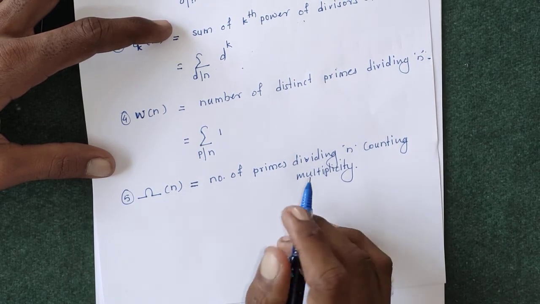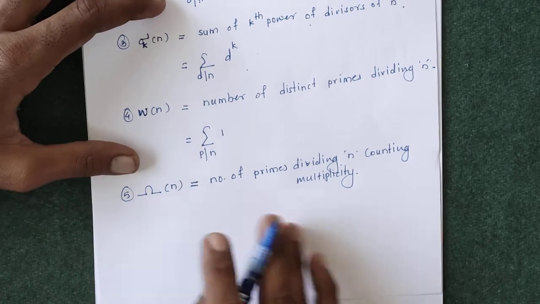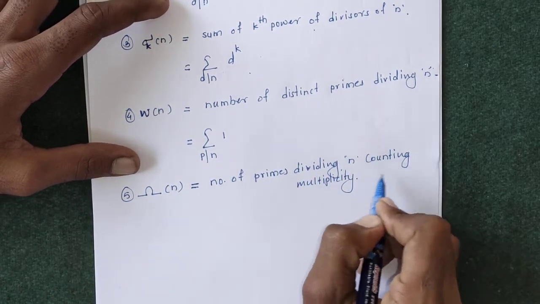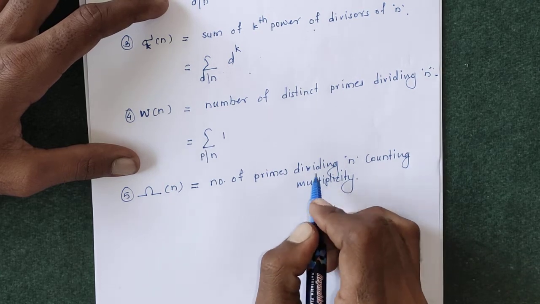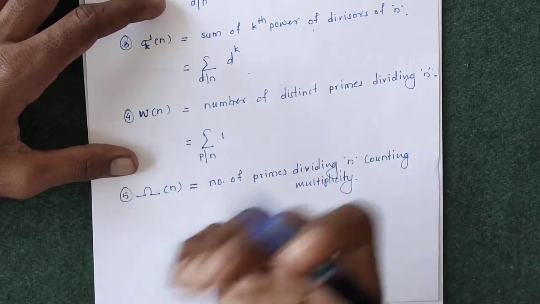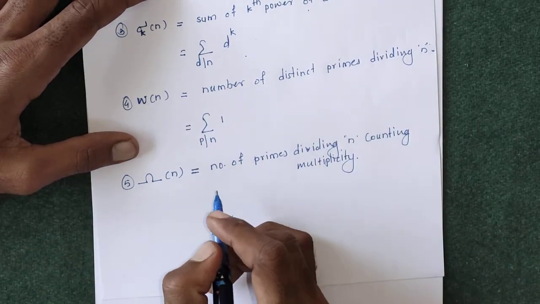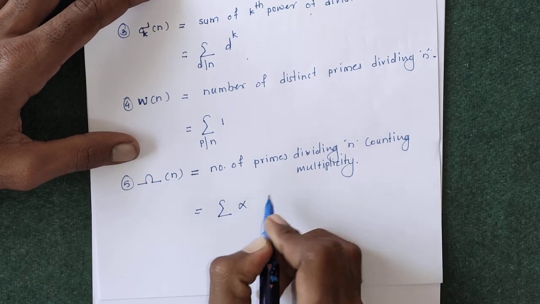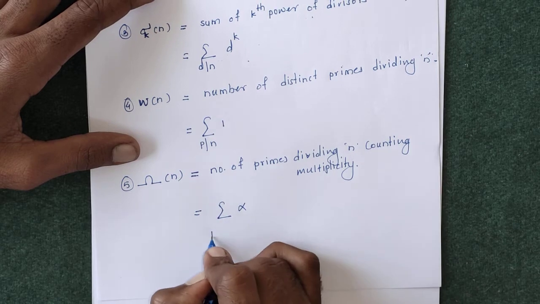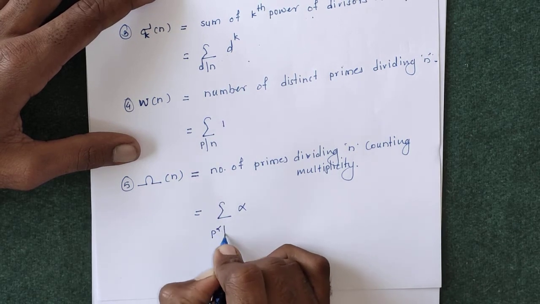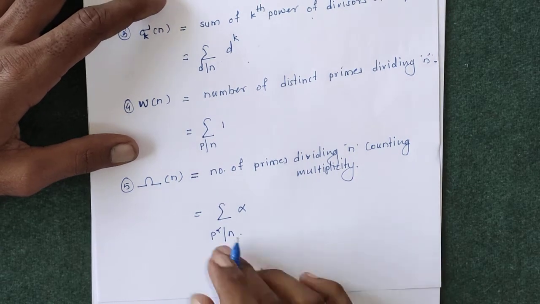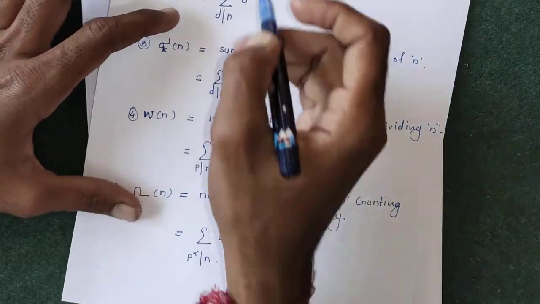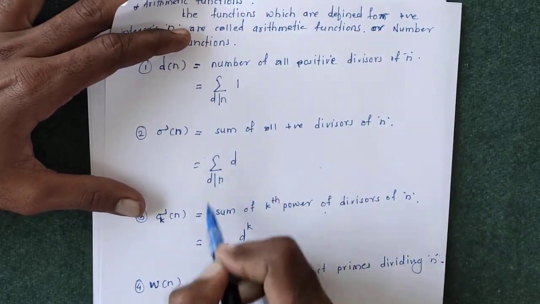We will see the example in the common example. So ohm of n is the number of primes dividing n. Counting multiplicity means if any prime occurs twice, then we have to count that 2 again. This can be written as the summation of alpha such that p raised to alpha divides n. But don't go by these notations or summations.